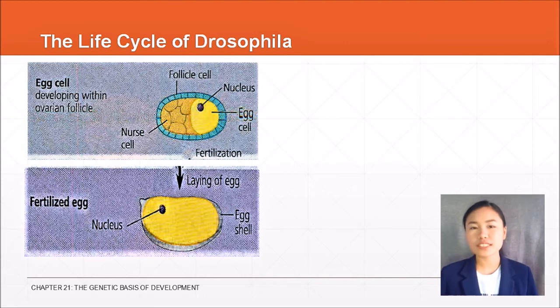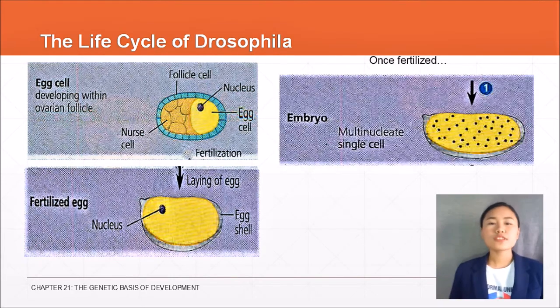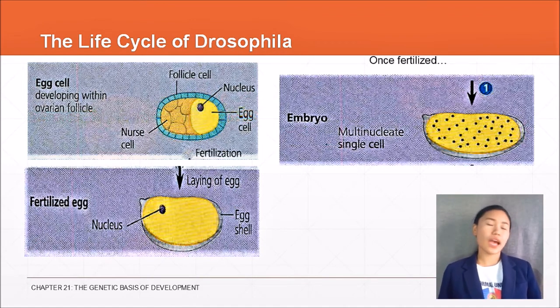After fertilization and laying of the egg, the following events follow. The first 10 mitotic divisions happen very quickly and are composed of just S and M phases. Therefore, the amount of cytoplasm doesn't change. It's still one cytoplasm, and there's no cytokinesis.